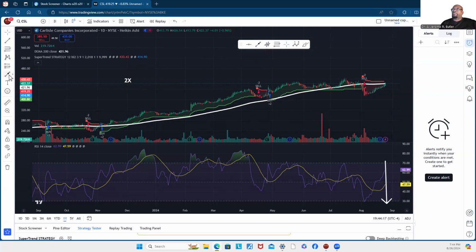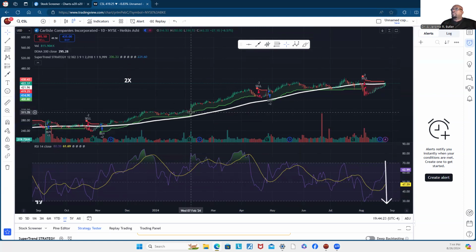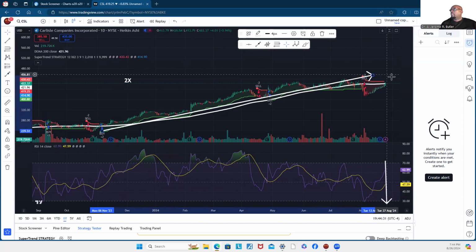You can see the trend on this guy since, let's go back. You got a buy in November of last year, and everything has been in upward mobility since then.